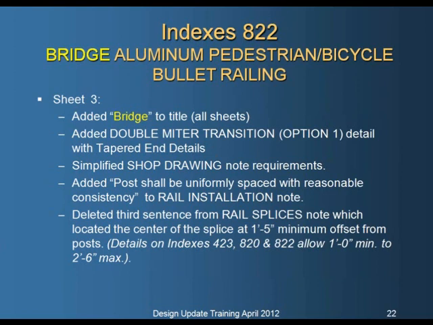You don't need to show every single post on the shop drawings, and we've added some guidance for uniformly spacing the posts along the bridge length, and then eliminated a slight conflict on the location of the splices. We have a variable range of location that the splice can be located adjacent to the post, and that's consistent on all the railings that have bullet railing attached to the top.